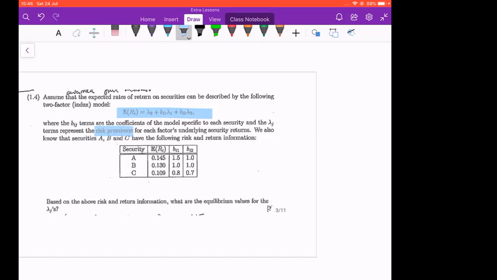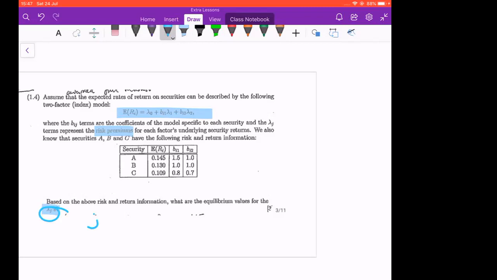We also know that securities A and B have the following risk and return information. Based on this information, what is the equilibrium value of lambda J? Basically, they're asking you to find your lambda J's.